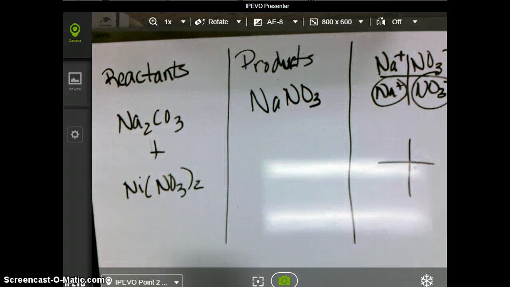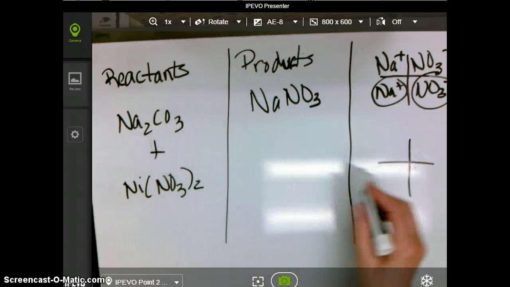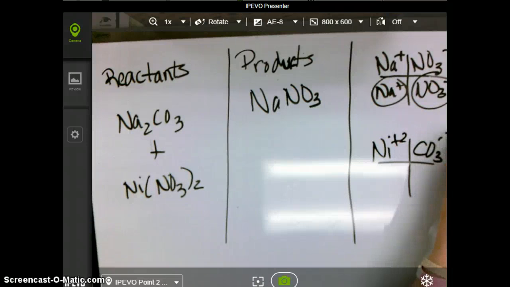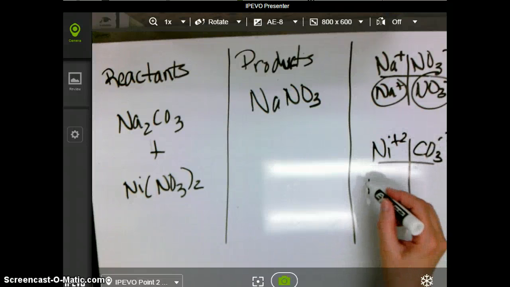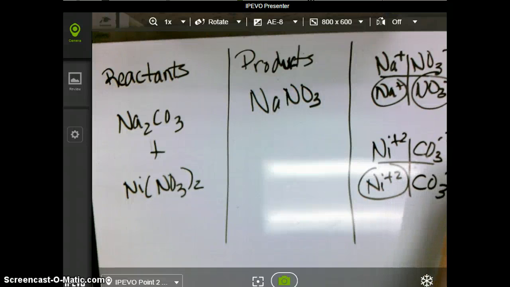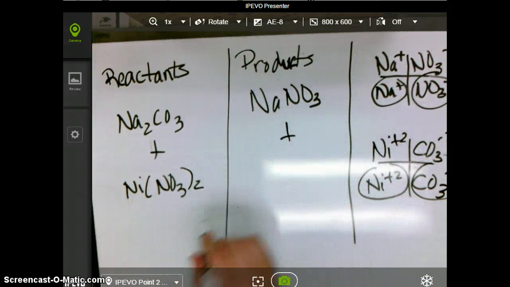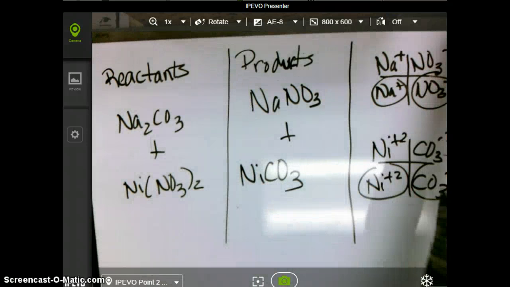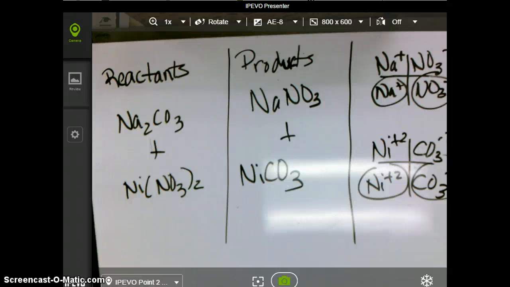And so one of my products is going to be NaNO3. My second product, the nickel from the nickel 2 nitrate, is going to combine with a carbonate. And since nickel is a +2 and carbonate is a -2, it's going to go together 1 nickel with 1 carbonate. And my chemical formula for my second product would be NiCO3. As you look at the PPT chart, you see that the next column over asks you to write a balanced chemical equation.